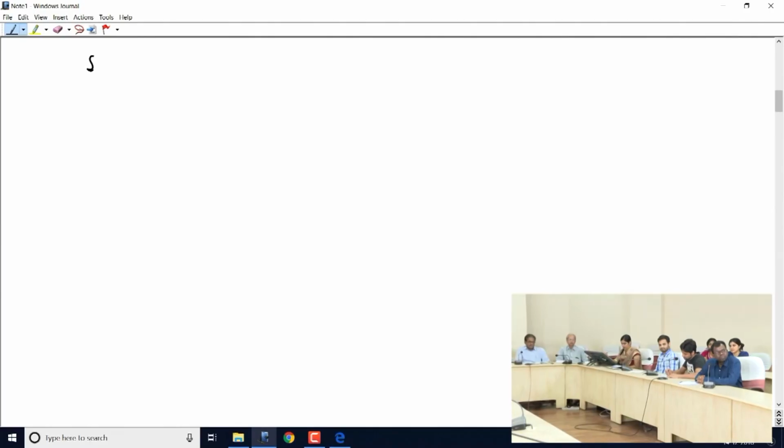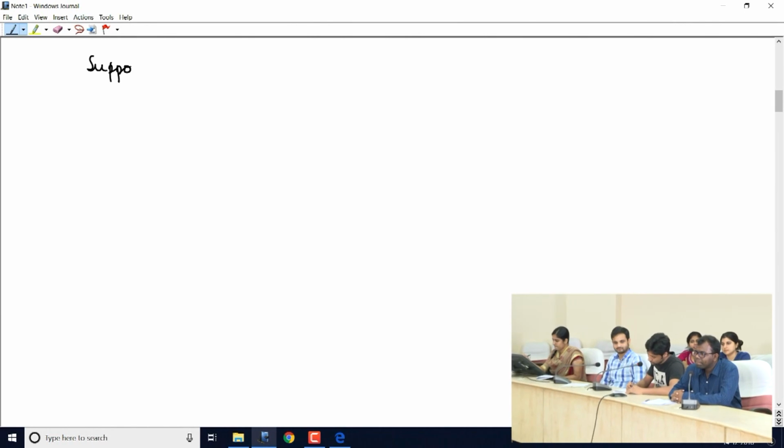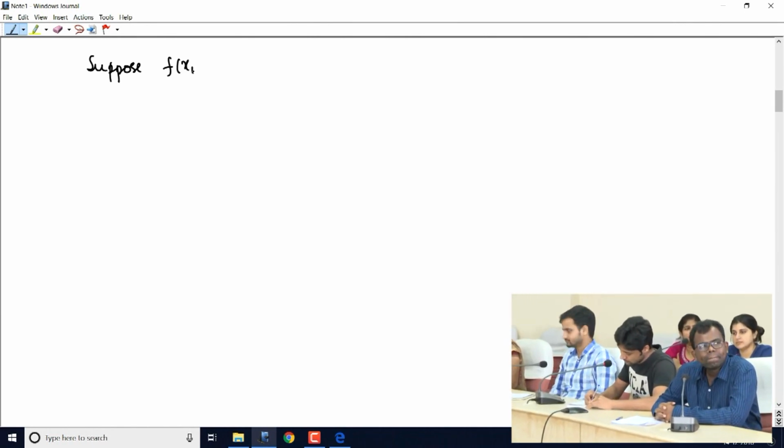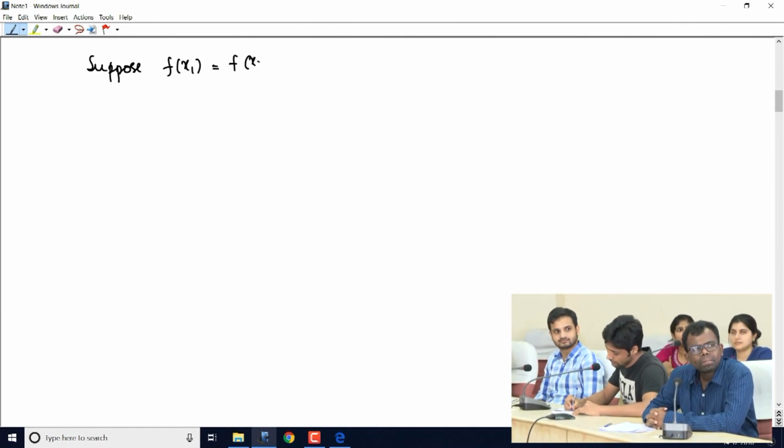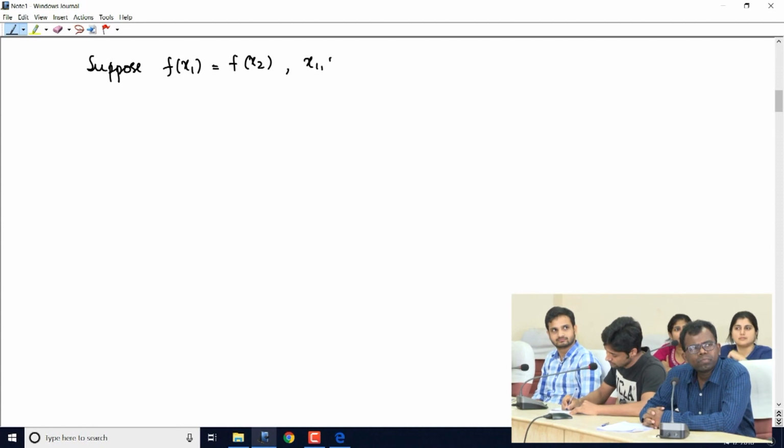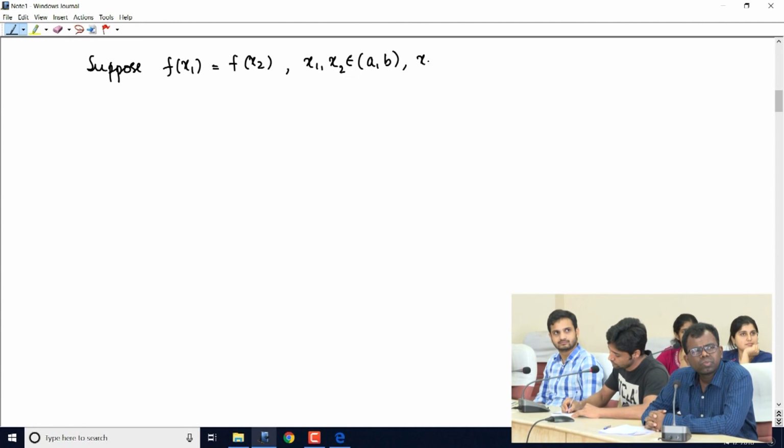I want to use the mean value theorem and use the contradiction method. Okay. So suppose f of x1 equals f of x2 for some x1, x2 belonging to the open interval a comma b and x1 less than x2.